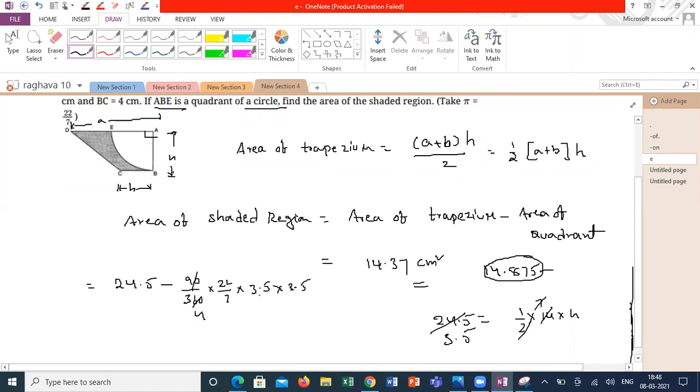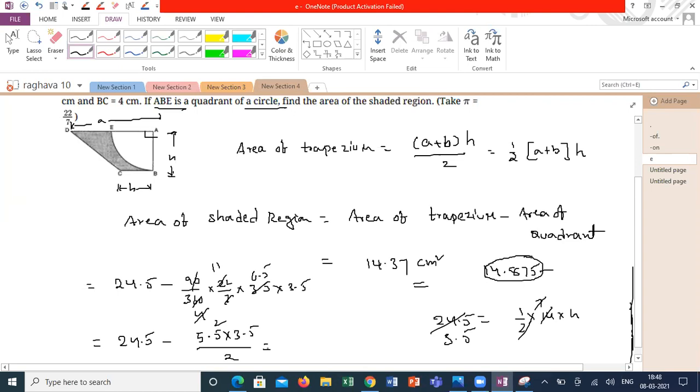So 4 times 7, 0.5 times 2, 11 times. 24.5 minus, how much is this value? 11 into 0.5 into 3.5. Sorry guys, 5.5 into 3.5 divided by 2.